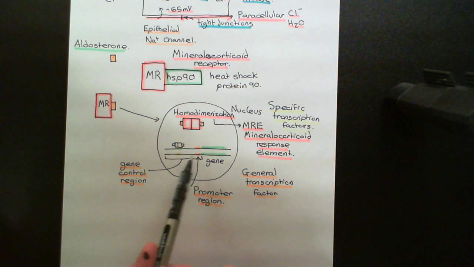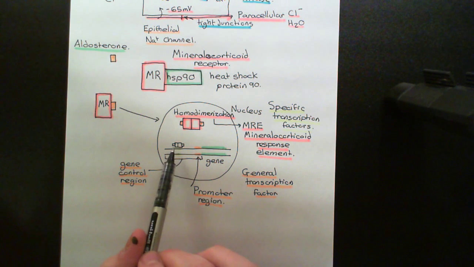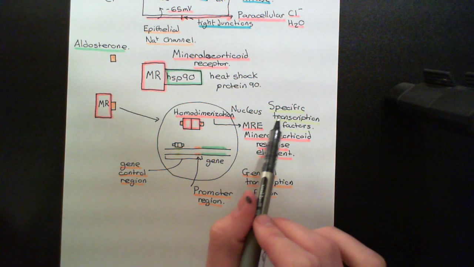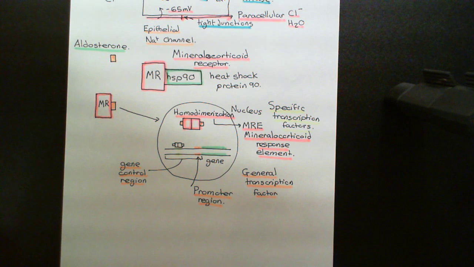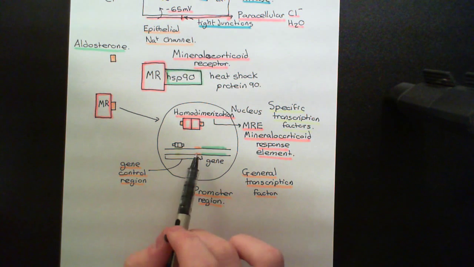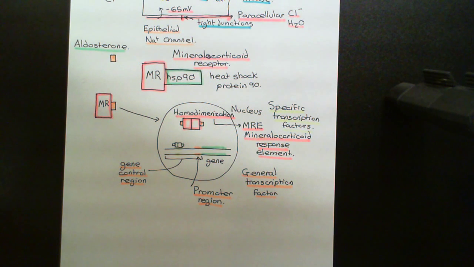The gene control region, however, is much bigger than just the promoter region, and the portion of the gene control region upstream of the promoter region contains response elements, these specific sequences for different specific transcription factors. A specific transcription factor has a specific response element, a specific combination of nucleic acids which it recognizes and binds to, a specific sequence of DNA, and these response elements, as they're called, will be located in the gene control regions upstream of the promoter region in a bunch of genes, but not all of them, whereas the promoter region is located in all of them, and the general transcription factors bind the same in all of them.